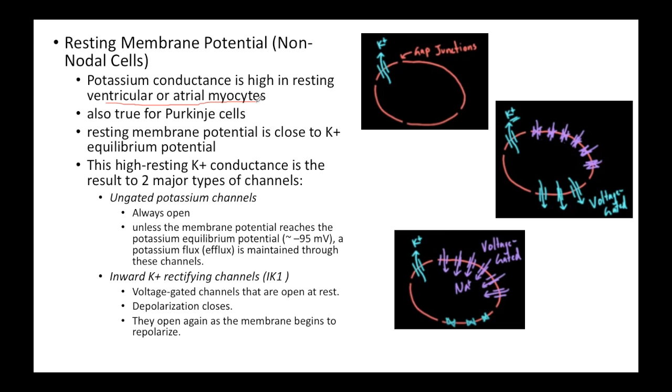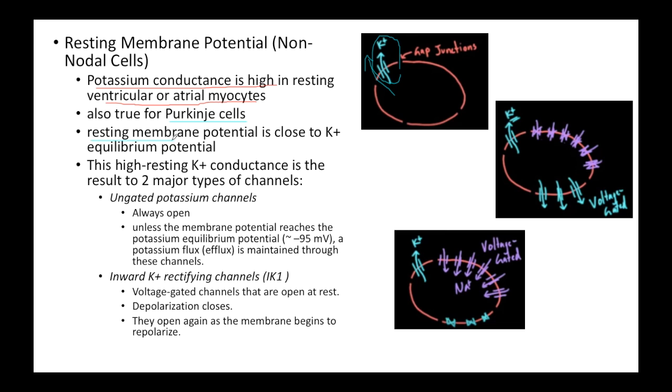When they are at rest, potassium conductance is high. So this is your cell at rest. You're going to have this potassium conductance going on continuously. It's just there, doing its thing, pumping potassium out of the cell. And this also occurs in Purkinje cells, so important to note there.